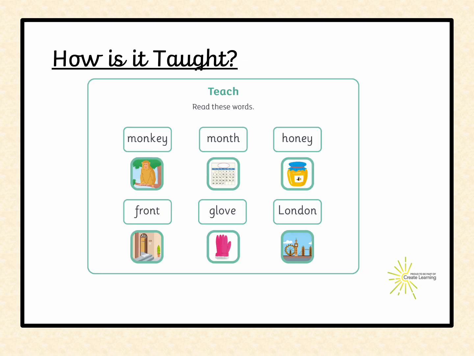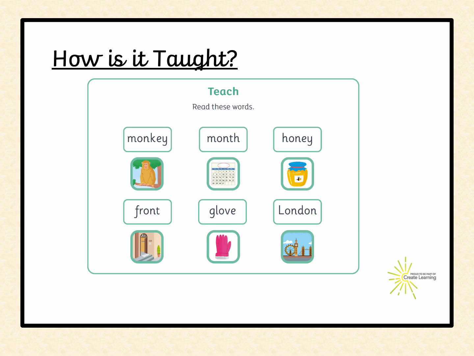Okay, what we would do then is teach children to read these words. This can go back to our phonics, where we get them to segment the word and blend them together, but it gives them a good understanding of various words that do have the grapheme O making the phoneme.